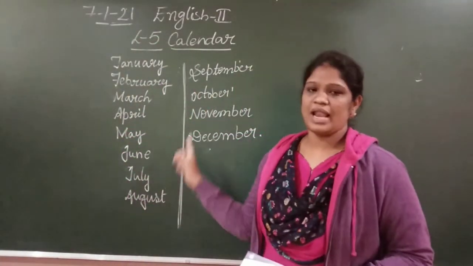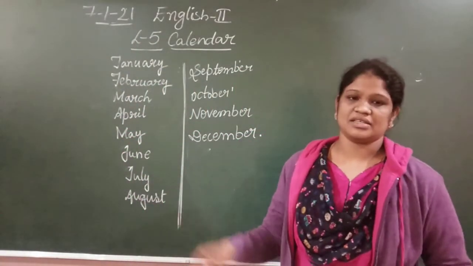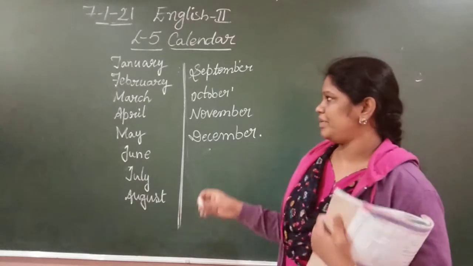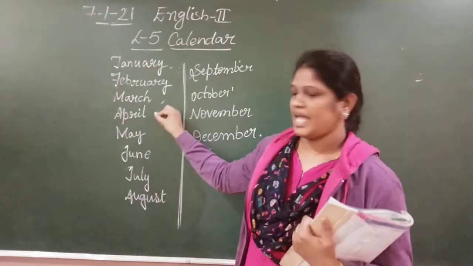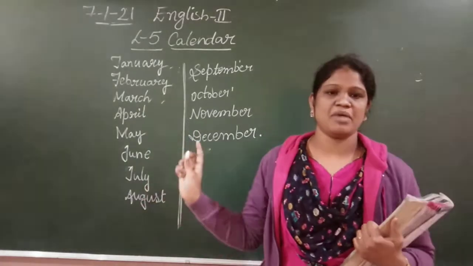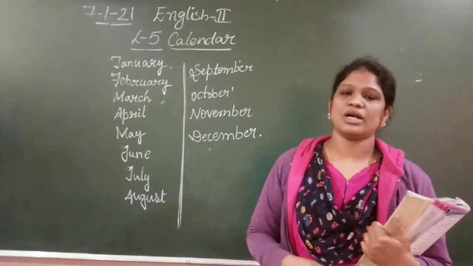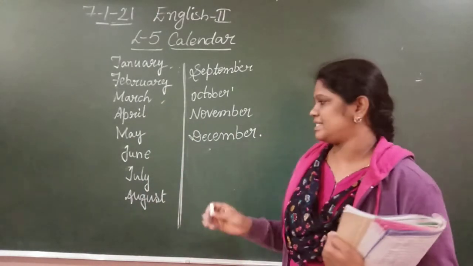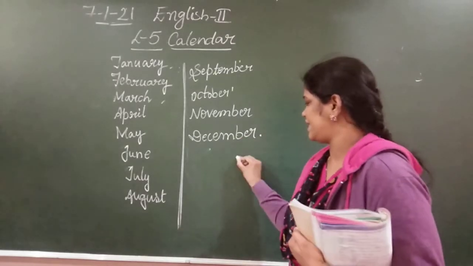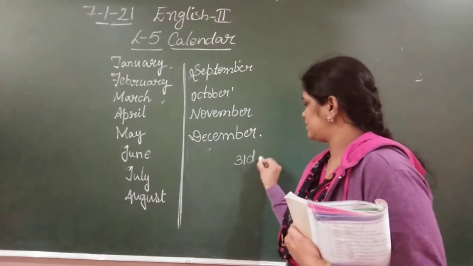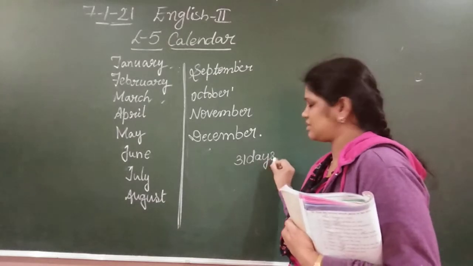There are 12 months in a year. January, March, July, August, October and December have 31 days, children.